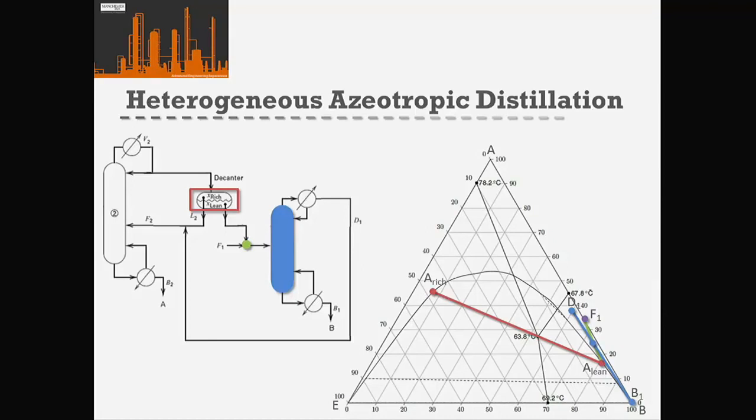Okay? So the ideal would actually be to go up to our distillation boundary, yes? Because that would actually be the point where we would have the least amount of B in our system. But if we go right up to our distillation boundary straight away, it doesn't give us any flexibility in this position. Yeah?